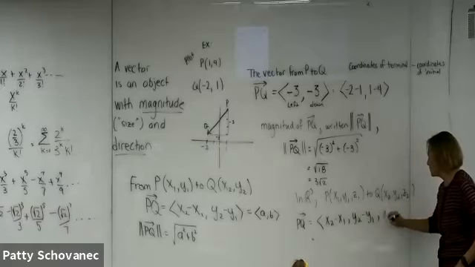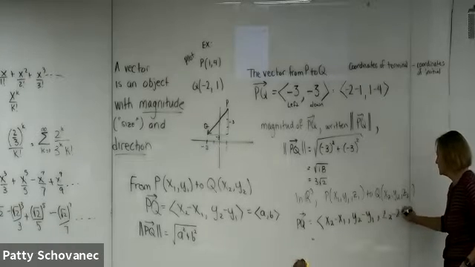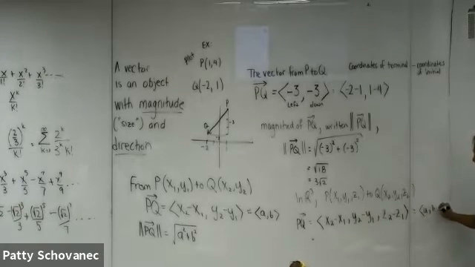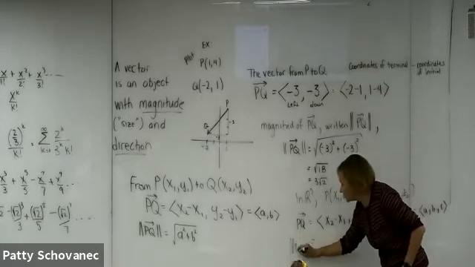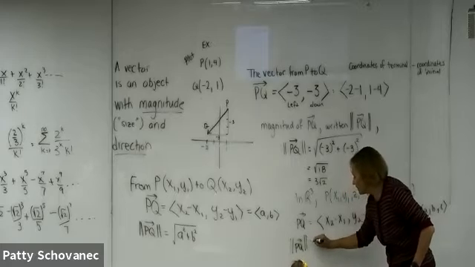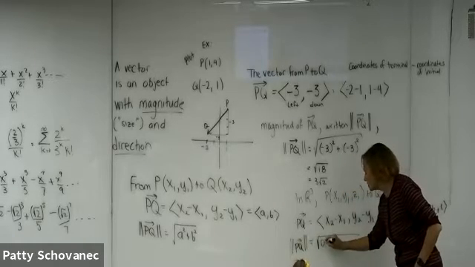But then you have this third component. And so if I just call those simplified versions A, B, and C, the magnitude of vector PQ is the sum of the squares of the components under the square root sign.